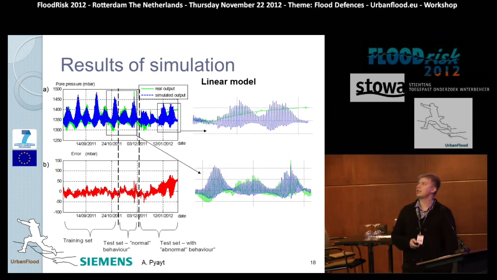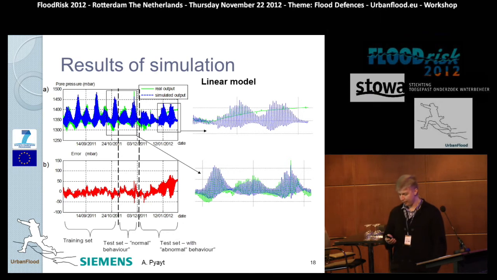Here you can see results of linear model application in simulation mode, when we do not require the actual real output values for generation of new output values. Here you can see that this type of model provides good alignment with real sensor measurements.